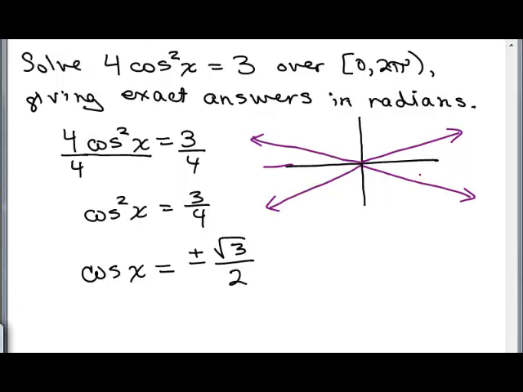All right, so now it might be a little bit easier just looking at these different angles. So the first one, that's up at 30 degrees, or pi over 6. So we've got pi over 6. That's the one in the first quadrant. The one over here is 5 pi over 6. Pi is really 6 pi over 6, so this one's 7 pi over 6.